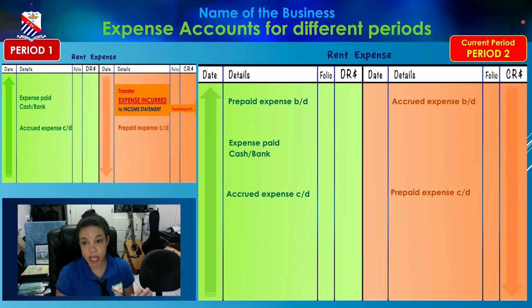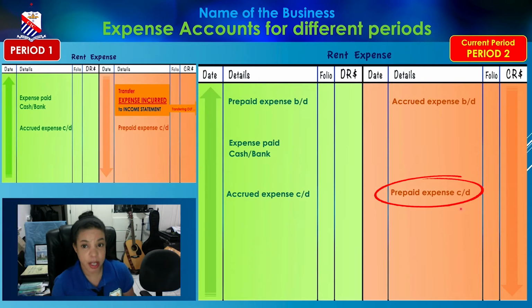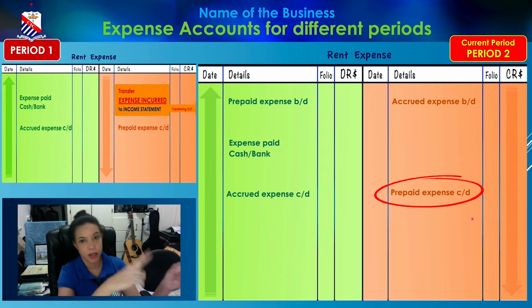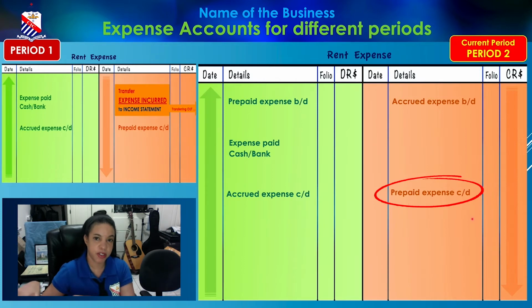And then on the credit side, just like with the first period, if there are any prepaid expenses at the end of the period, you're going to have it on the credit side because you have to less it. So it's going to be over on this side and it's the closing figure or the ending figure. So it will be carried down or carried forward to the next period because all the figures at the end of a period would be carried to the next period either as the asset or the liability.